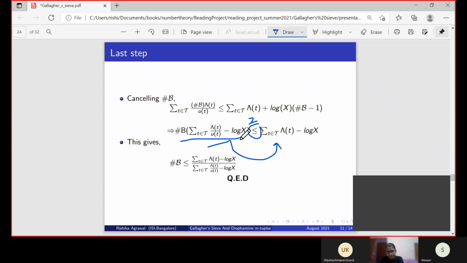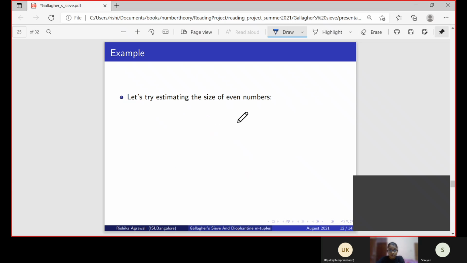Okay, so this is it for the proof of Gallagher sieve. If anybody has any questions till now, please ask. If not, we'll move further.